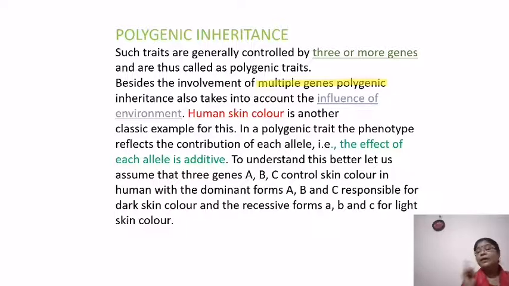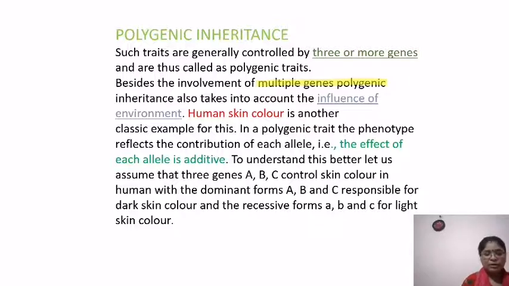But in the case of polygenic inheritance, the loci are different and the genes are also different, and it is an additive effect of the genes. So there are three genes, and their combinations will determine what kind of skin color it will produce. So it has an additive effect.